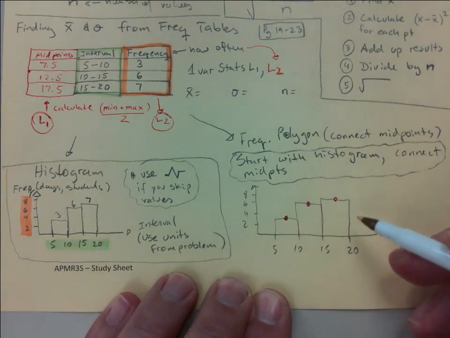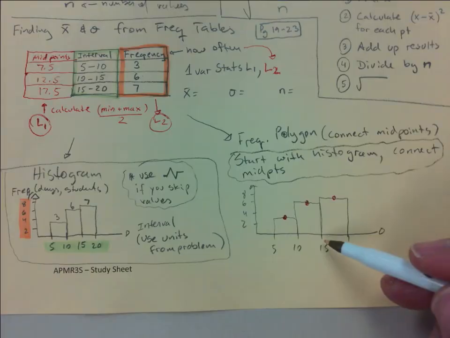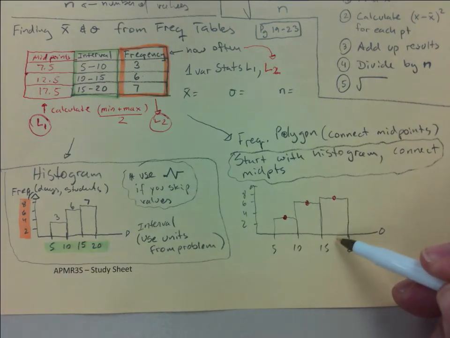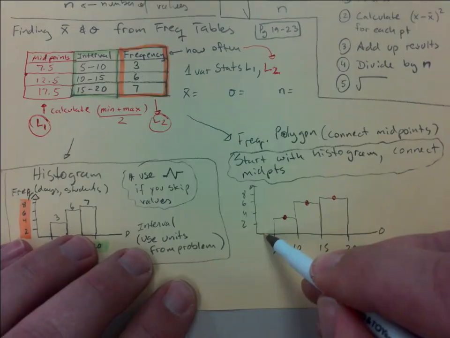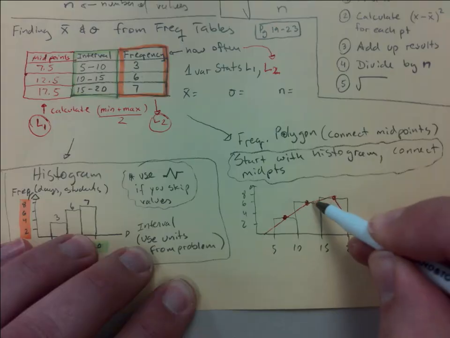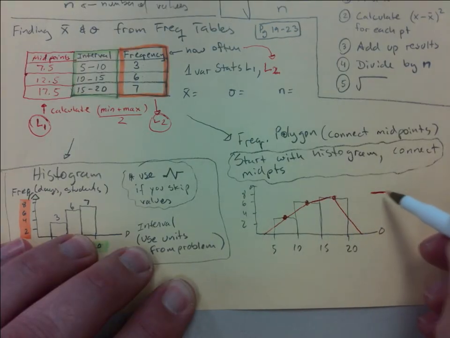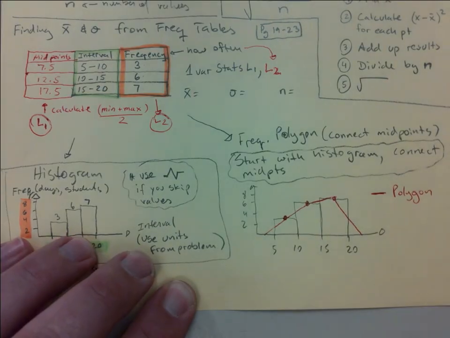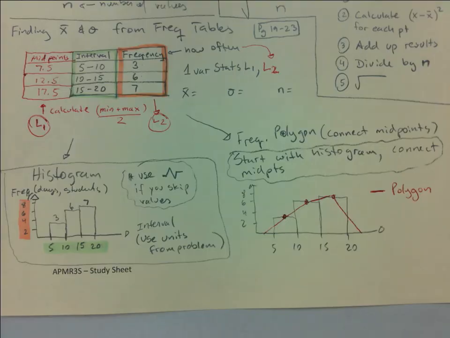And remember, these bars could be non-existent. If there's nothing in that bin, it could go right along the x-axis. You make the point right along the x-axis. And then you just connect. This is the frequency polygon, okay? There we go. So there you have that.